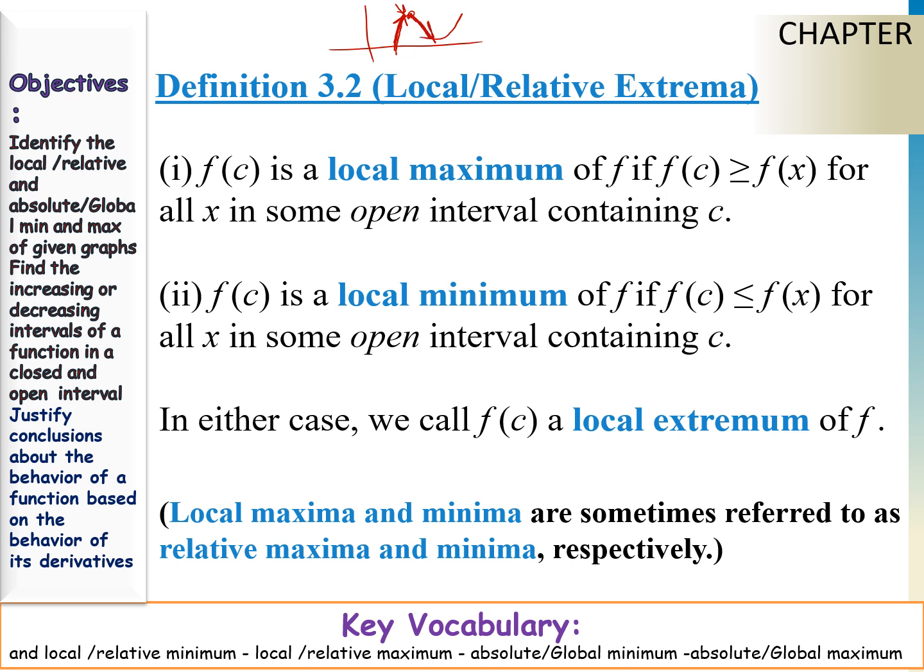So the point where increasing changes into decreasing is said to be a local maximum or relative maximum. Now if decreasing changes into increasing, so the graph is decreasing, and after this point it started increasing, at this point you will have the relative minimum.